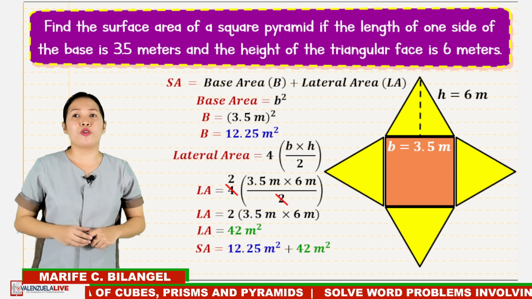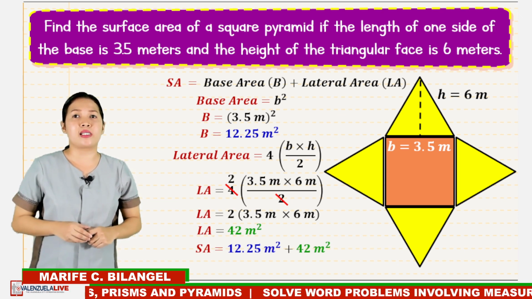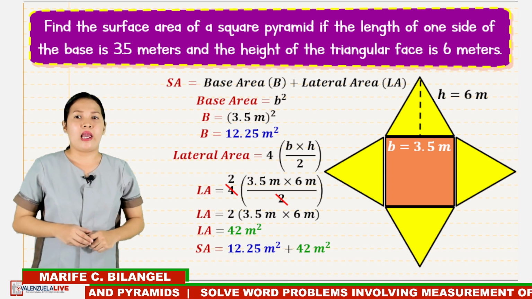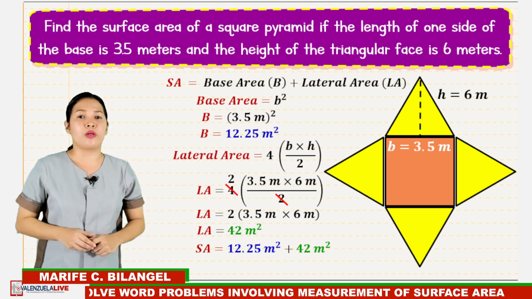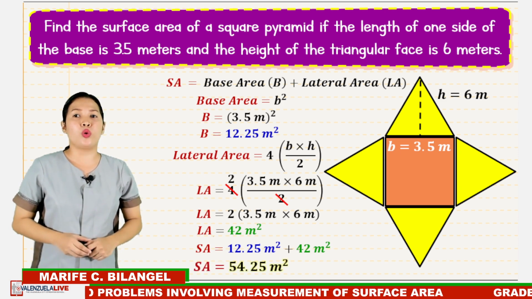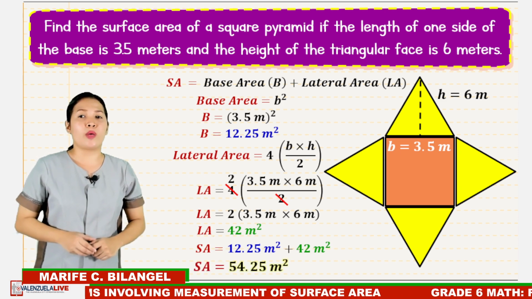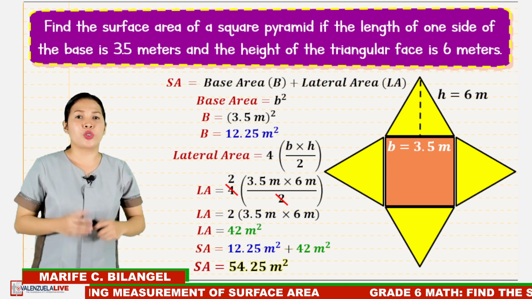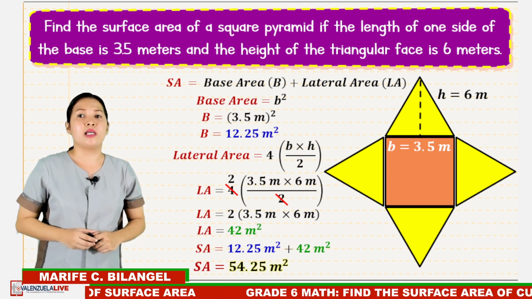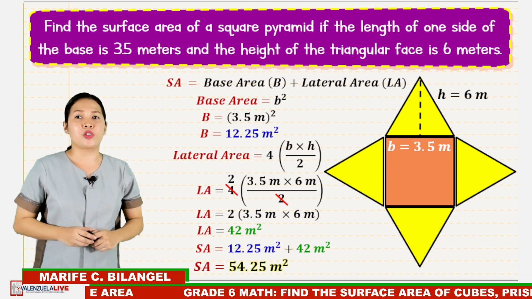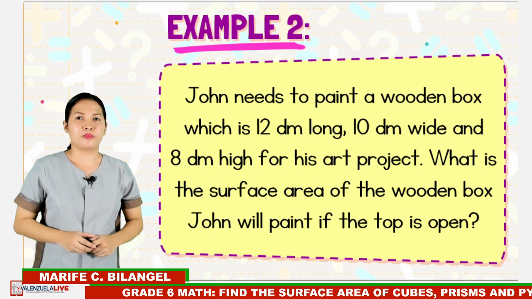And to get the surface area, simply add the base area and the lateral area. 12.25 square meters plus 42 square meters, it is equal to 54.25 square meters. So therefore, the surface area of the square pyramid is 54.25 square meters.